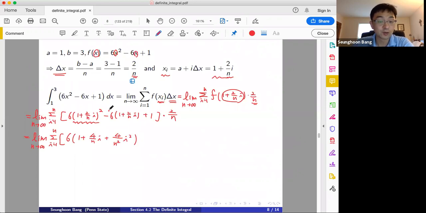You can distribute negative 6. So we have negative 6 times 2, which is negative 12 over n i, plus 1, times 2 over n.